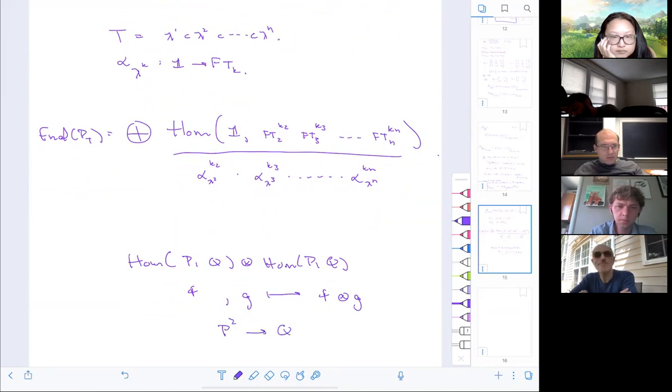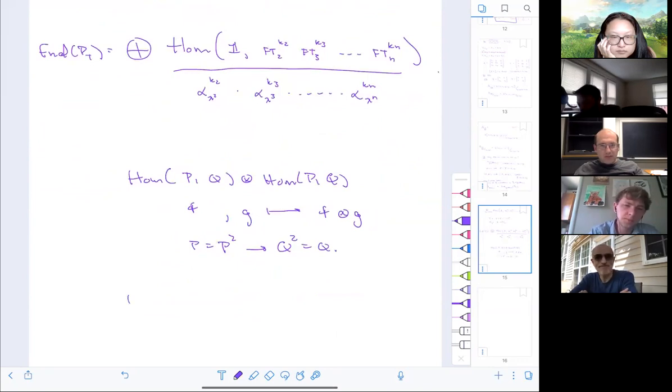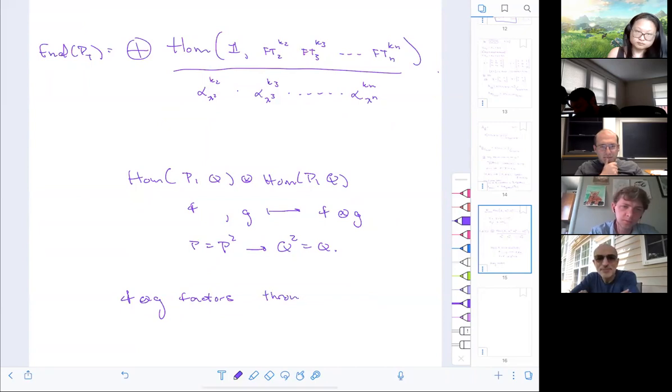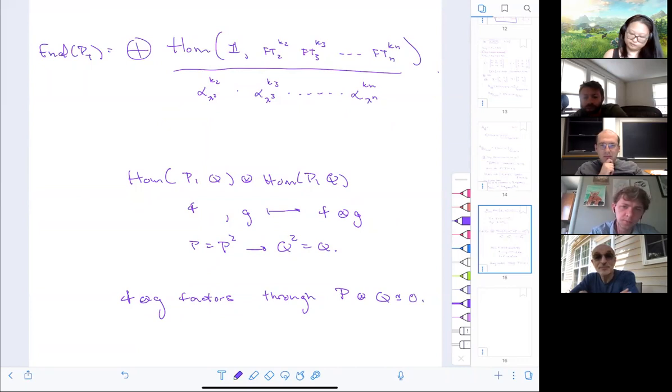Yes, but P squared is P and Q squared is Q. Yeah, you're right, sorry. However, such a product is automatically null homotopic because it factors through P tensor Q, which, if P and Q are orthogonal idempotents, is contractible. So you would not expect this to be an interesting product on the Hom space.